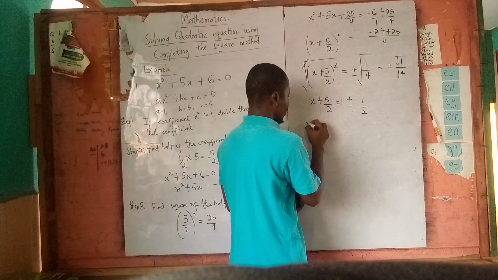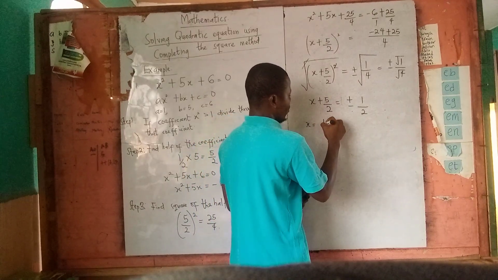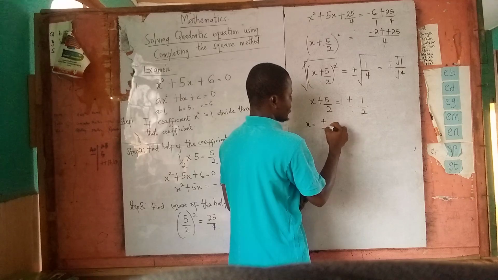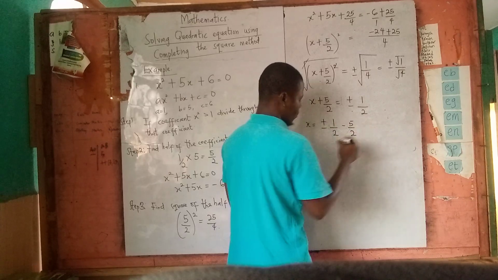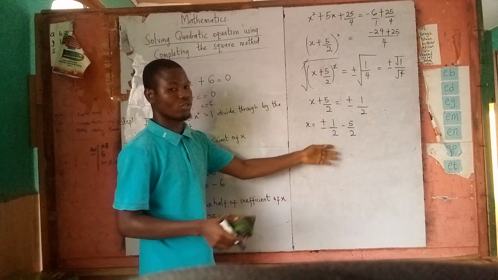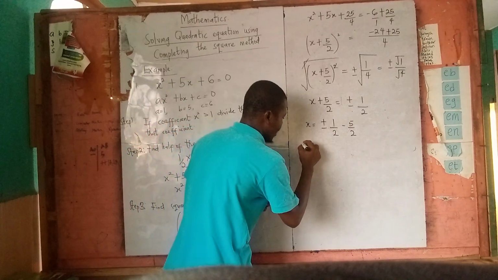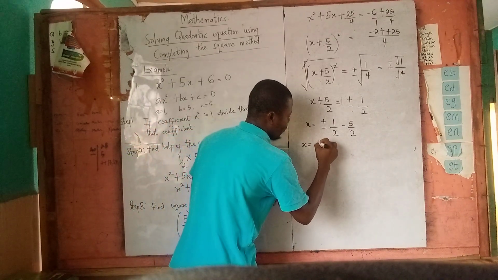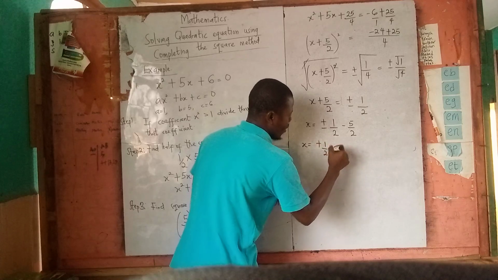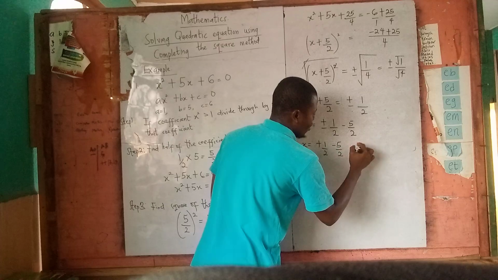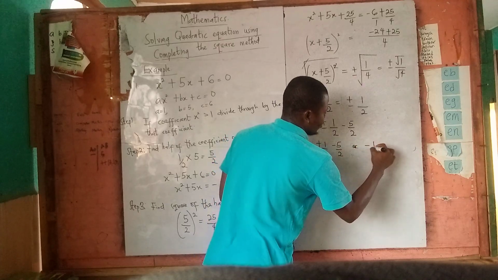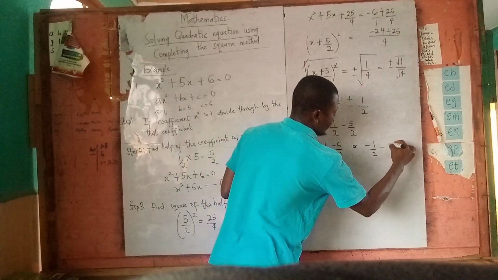So x is equal to plus or minus 1 over 2 minus 5 over 2. It means x is equal to plus 1 over 2 minus 5 over 2, or minus 1 over 2 minus 5 over 2.